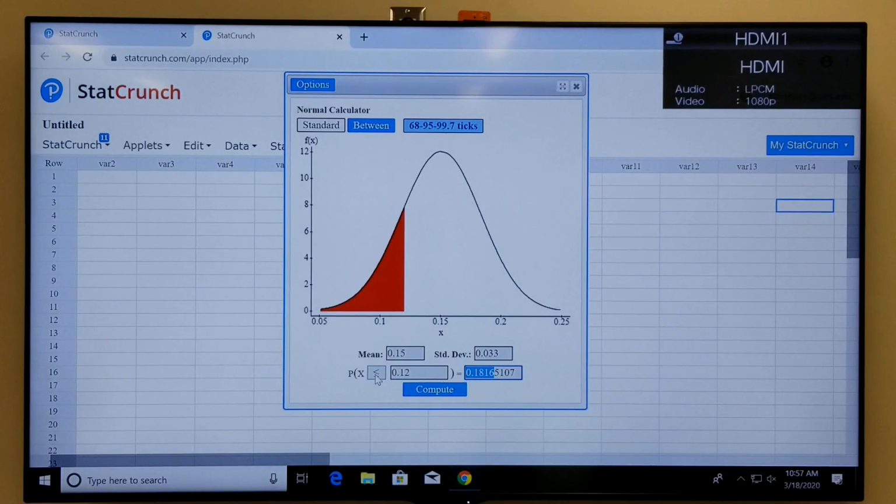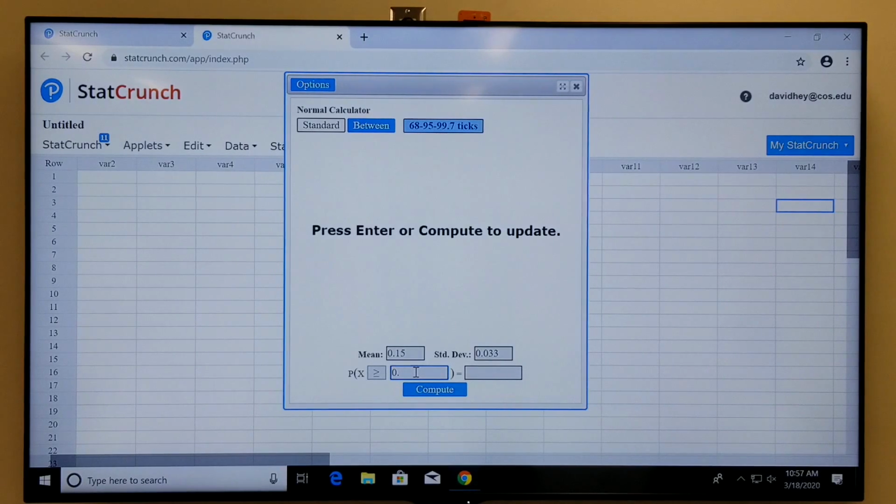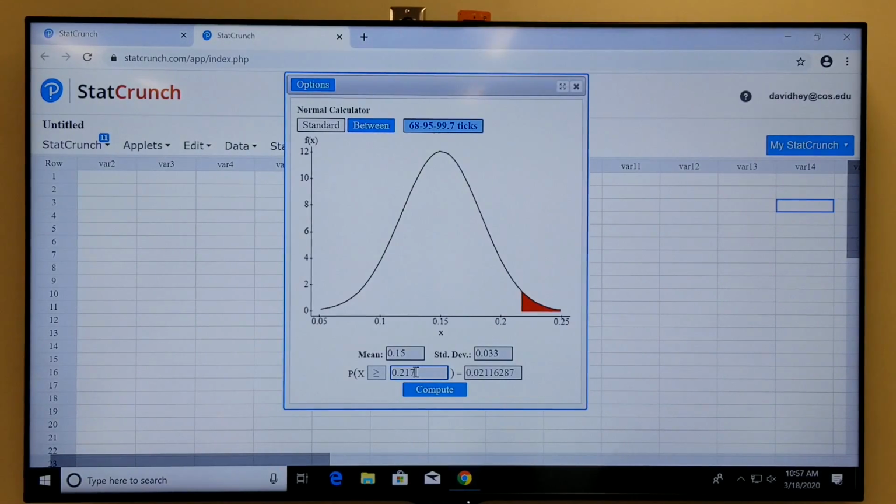This time I want the probability that p hat is greater than or equal to 0.217. Okay, so there's that probability, to 4 decimal places, that would be 0.0212.